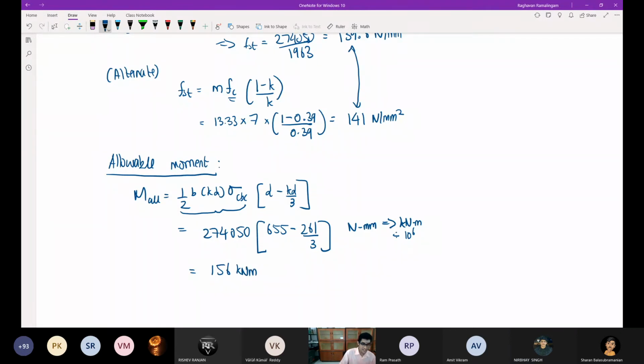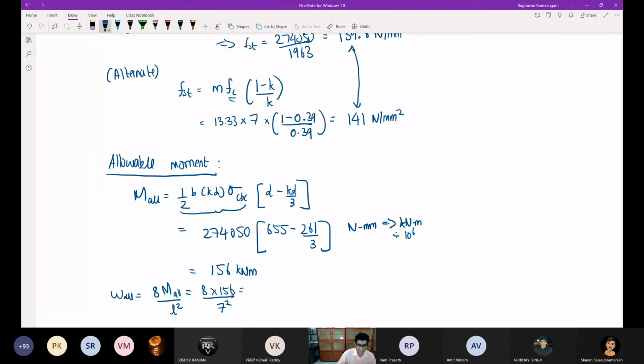With this you can also find out the allowable load, which is basically the reverse of WL square by 8. So W is 8 into M allowable by L square. So 8 into 156, in kilonewton meter, by 7 square.